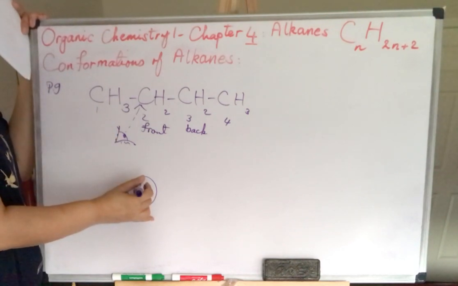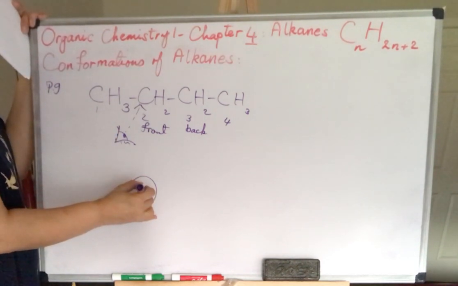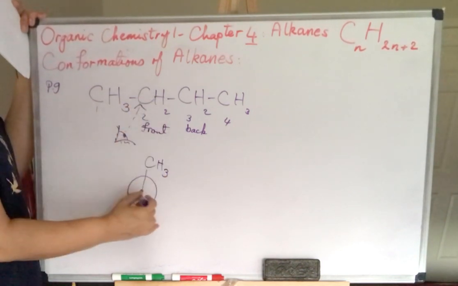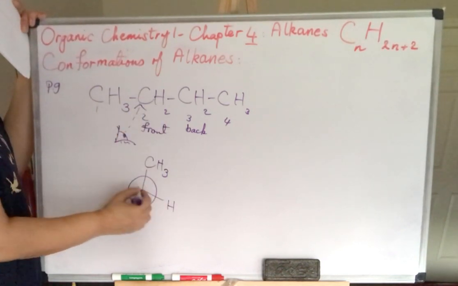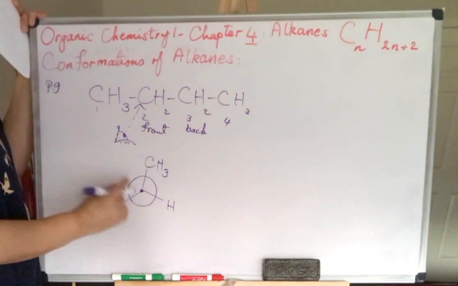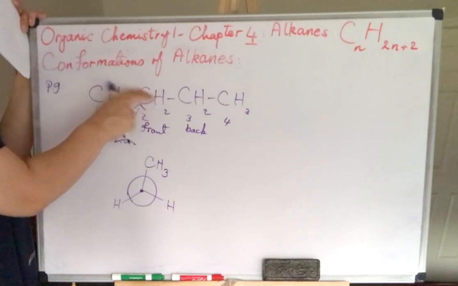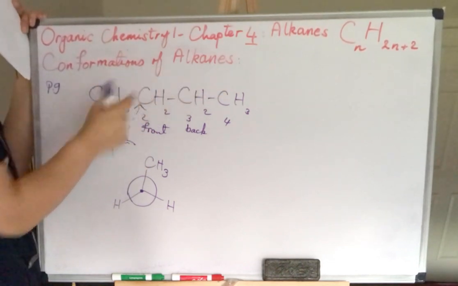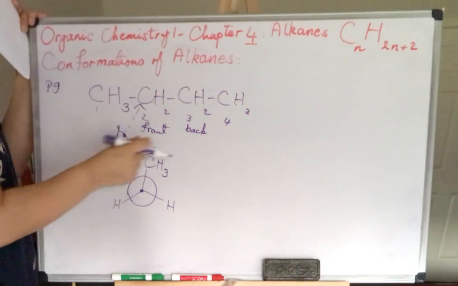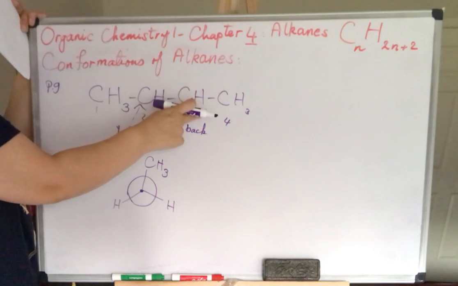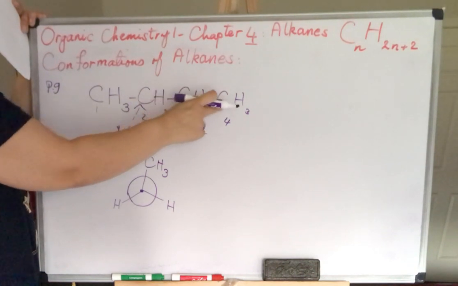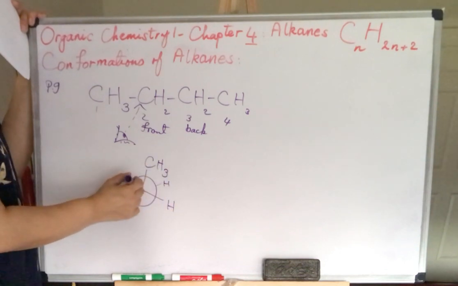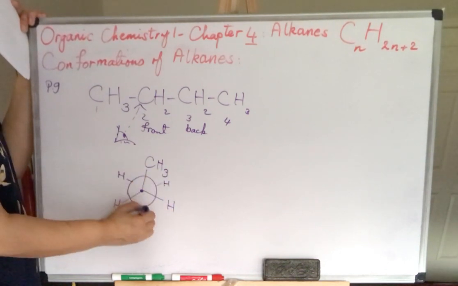Since we don't have any specific conformation, let's just put CH3 on top and 2 hydrogens on 4 and 8. Now to the back carbon, what do we have? 2 hydrogens and 1 CH3.